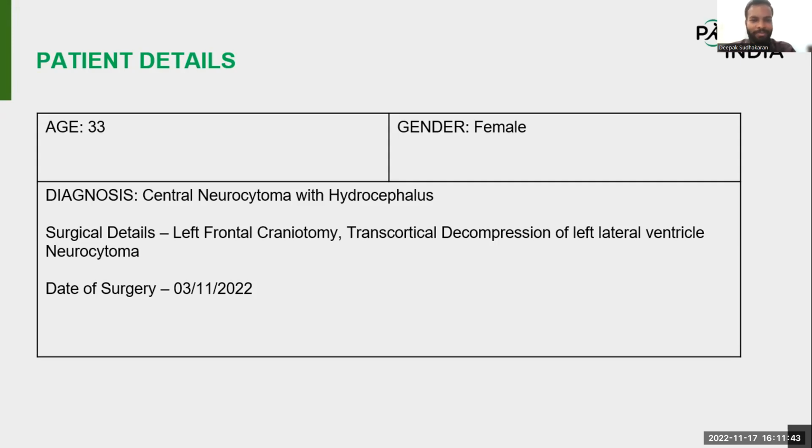Please carry on, Sister Ji. Yeah. She was diagnosed with central neurocytoma with hydrocephalus. We can hear you, Sister Ji, but if you're all alone with the baby, then it's okay if you take care of her. That is also perfectly fine.